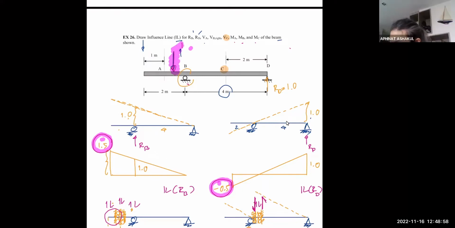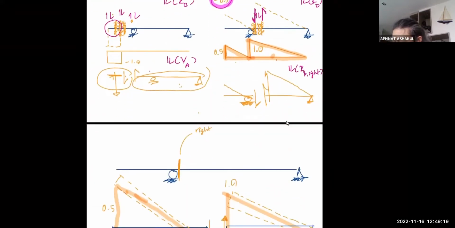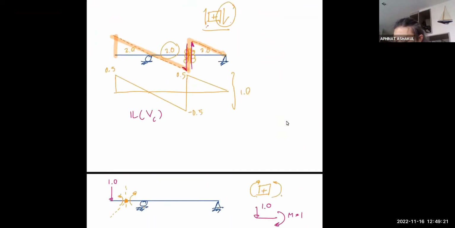And when you cut the free body diagram of this, there's nothing on it. So even though point A can move downward because you have the load on the right side, A itself has no moment. The influence line reflects the behavior of the structure in such a way as well.